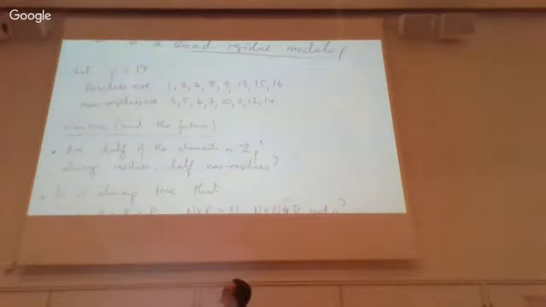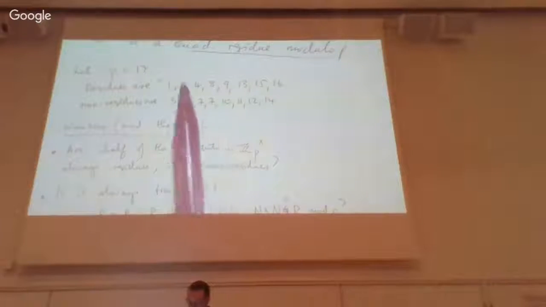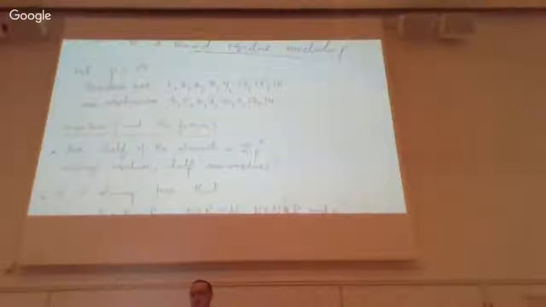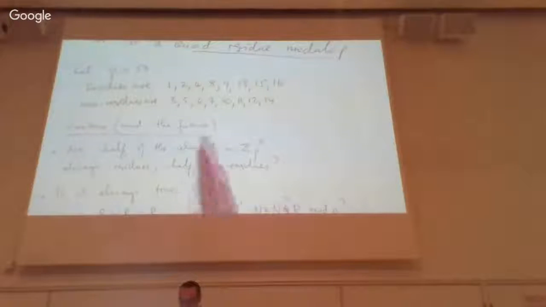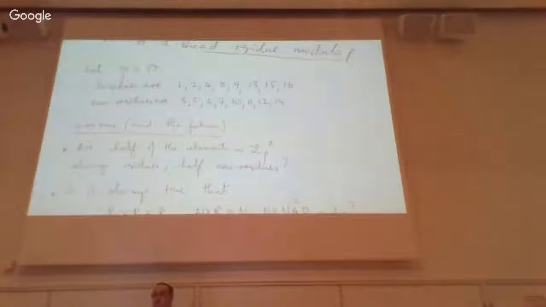For instance, modulo 17, there are 16 non-zero congruence classes to think about. Under multiplication modulo 17, we found 8 of them were residues and 8 of them were non-residues. We discovered that by taking all 16 numbers between 1 and 16, squaring them, and seeing which numbers were squares and which weren't.